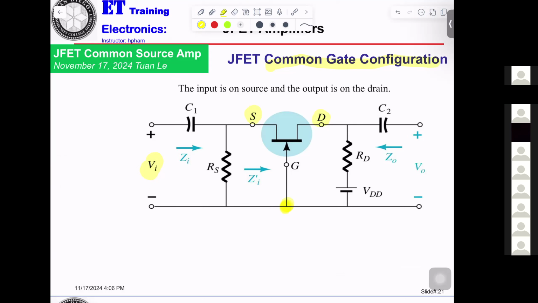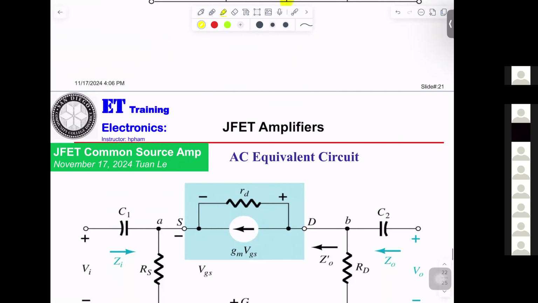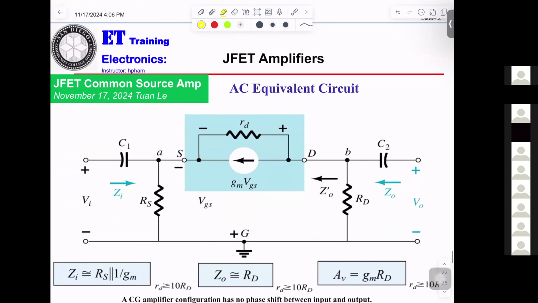Okay. If you're looking into the input impedance, same thing, right? You get RS. Now you see in the circuitry here, RS is the input impedance. Okay. Output impedance, RD. And this is the current going from the drain to the source, Gm times VGS.